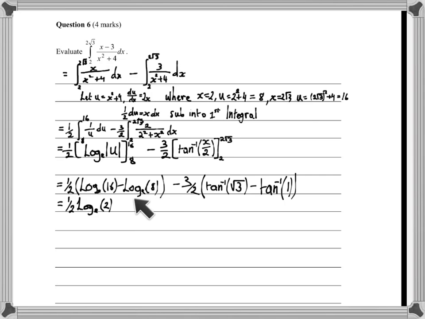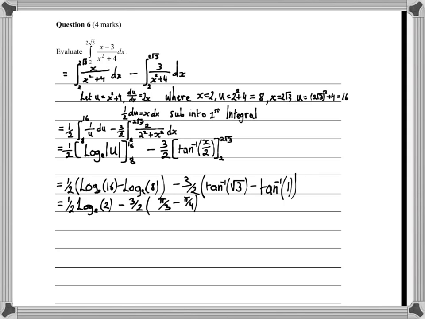What we have here is log base e of something subtract log base e of something else. The subtraction of two logs can be simplified as the division of the arguments, 16 and 8. So 16 divided by 8 is going to give you 2. That simplifies nicely.